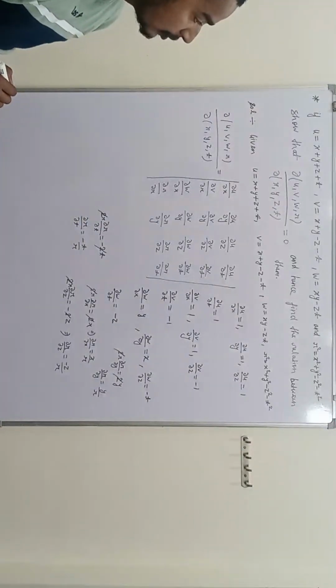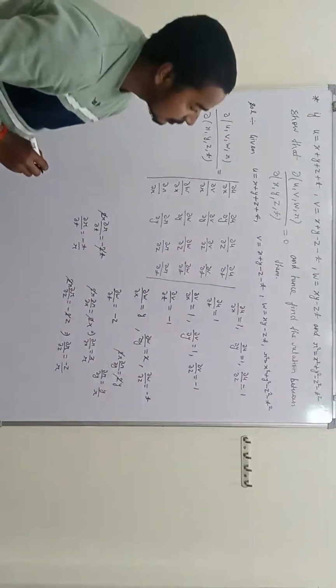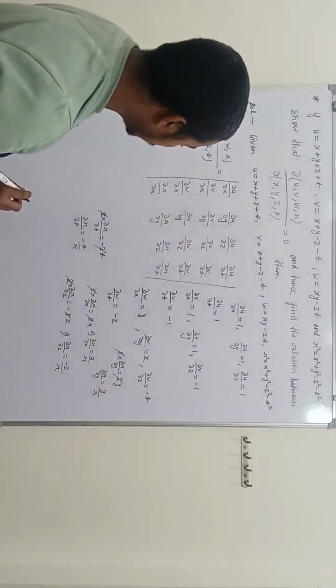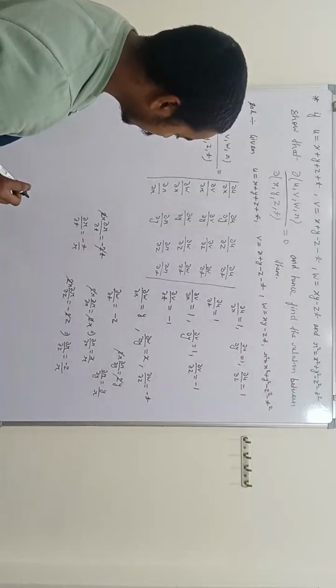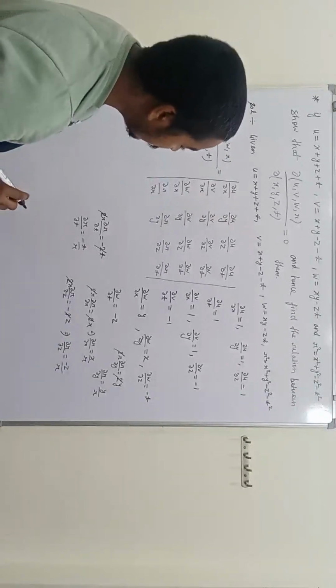We have to put the value of r once again. R square is equal to x square plus y square. We can put the value of r once again.